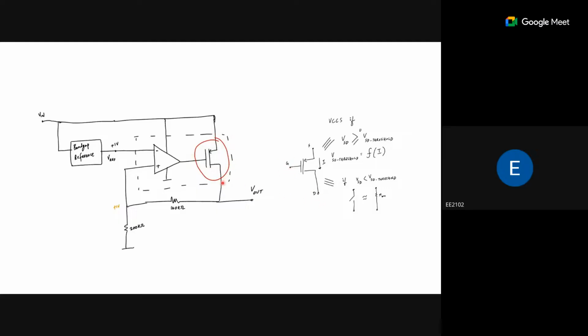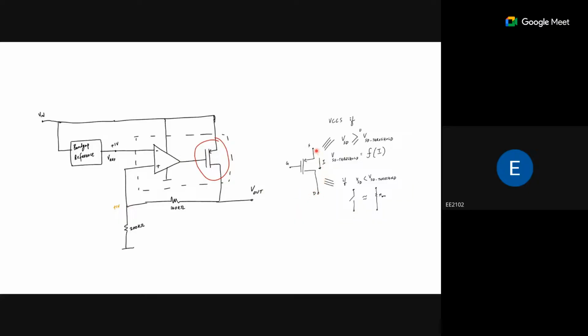How does it work? Whenever the source to drain voltage is greater than or equal to some threshold voltage, this transistor acts as a current source.